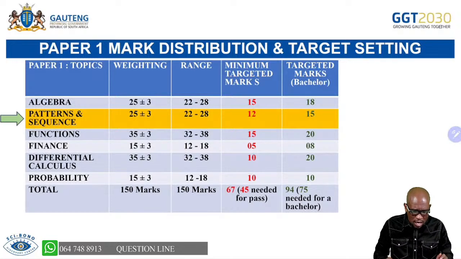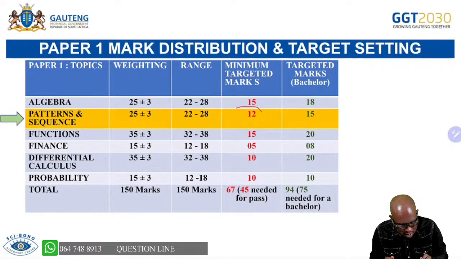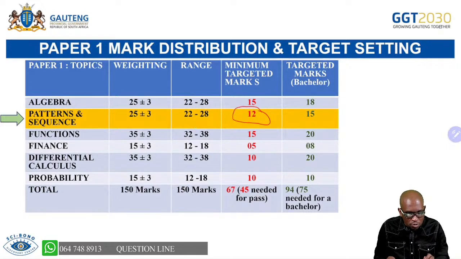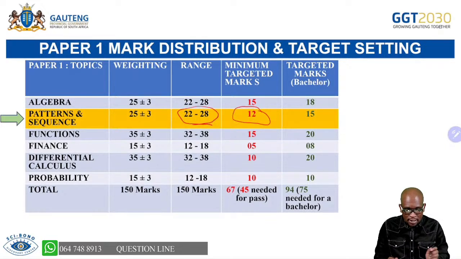Now when you look at the table there, you can see that all the topics are outlined, and in each topic there is a minimum target as well as a target for a bachelor pass. So our minimum target for the topic that we'll be doing today would be 12 marks out of a total of 22 to 28 marks. That is the range for the number of marks that you find in that topic.